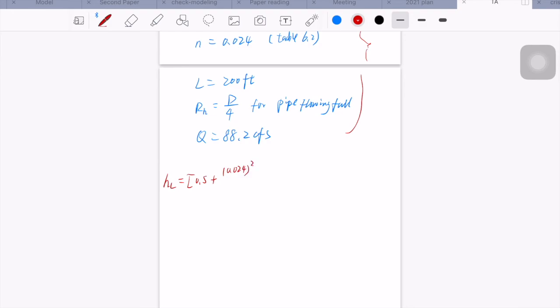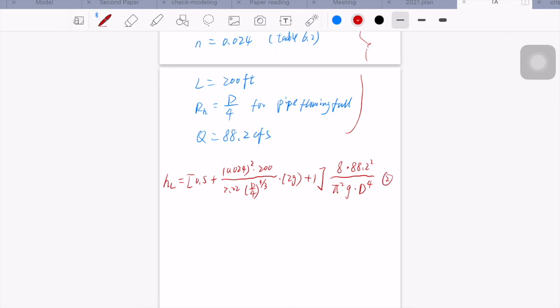So now we can determine that HL equals 0.5 plus 0.024 squared times 200 over 2.22 times D over 4 to the power of 4 over 3, times 2g plus 1, times 8 times 88.2 squared over pi squared times g times D to the power 4.